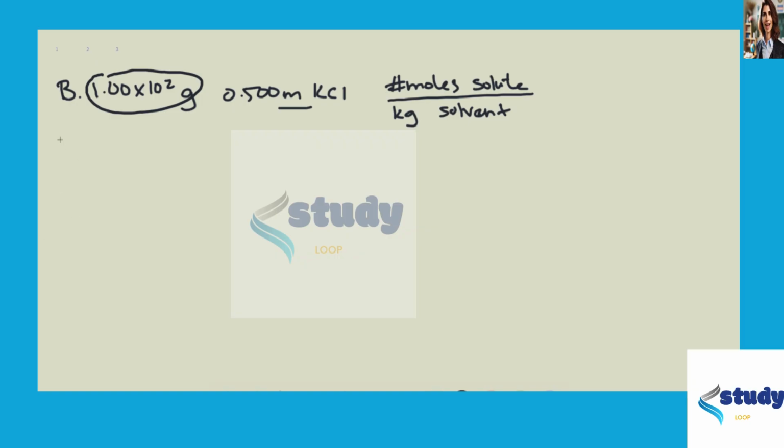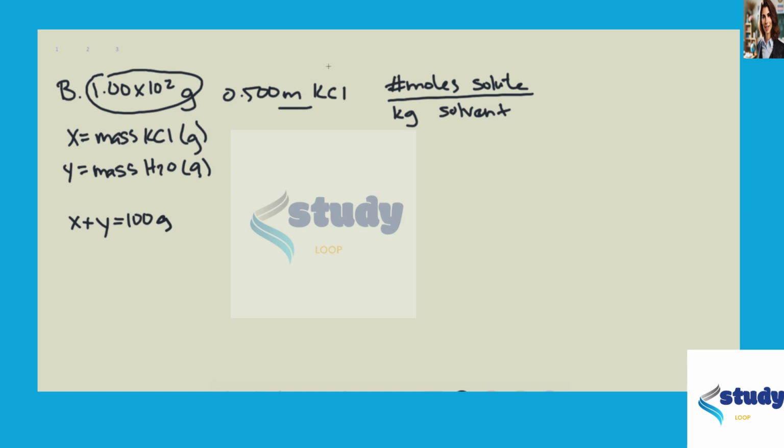So what I'll do here is set up a couple of different equations that we can then solve to figure out the number of grams of both solute and solvent that we need. We're going to call the mass of potassium chloride X, and the mass of water, the solvent here, Y. What we'll ultimately need to find is the mass of potassium chloride and water that gives us a total of 100 grams.